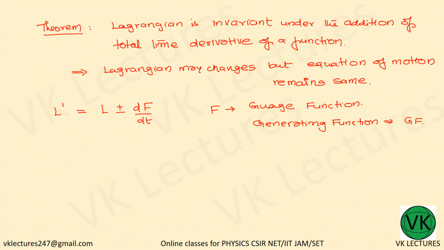As an example, we can start with Lagrangian equal to half x dot square minus half kx square. So this is the Lagrangian that we have, and the equation of motion says that d by dt of dou L by dou x dot minus dou L by dou x equal to 0.